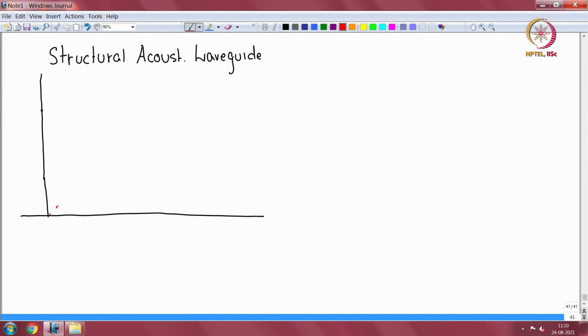So I will keep the uncoupled waves dotted and light. Okay, so that is the plane wave. This is my flexural wave.